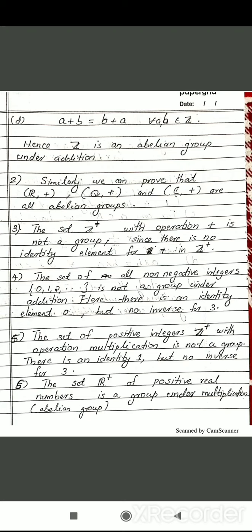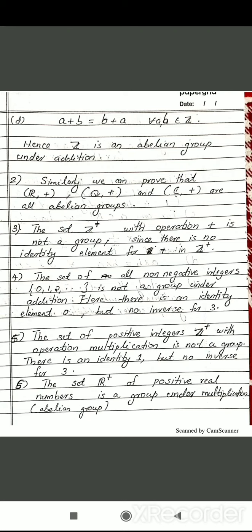Clearly, the positive integers also satisfy (A plus B) plus C equals A plus (B plus C) for any A, B, C. So associativity is satisfied. Then the next condition is we have to check whether there is an identity element for addition on Z plus.